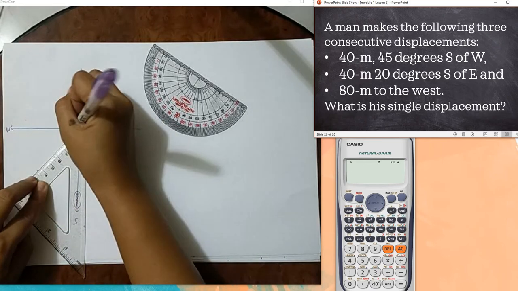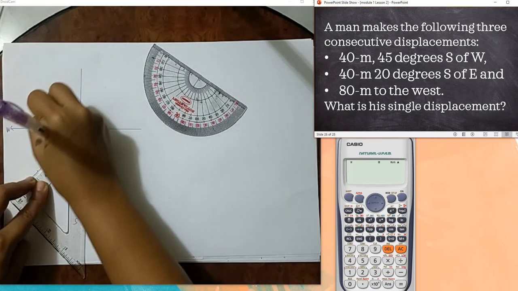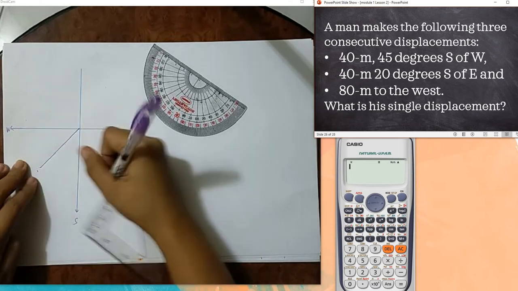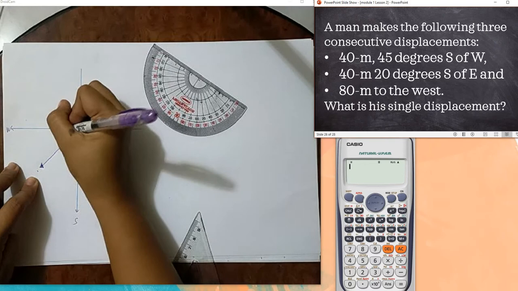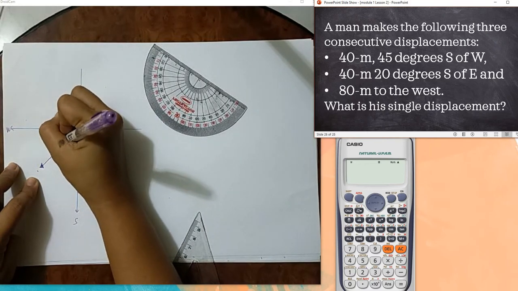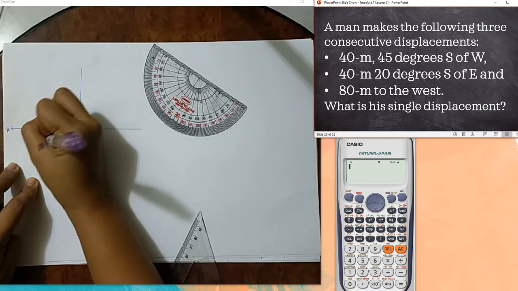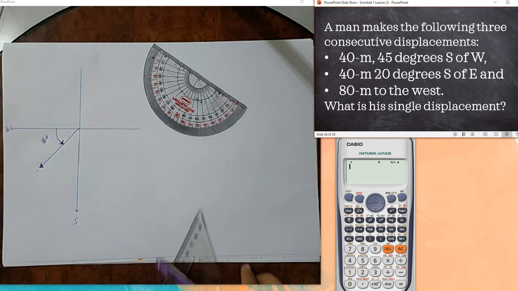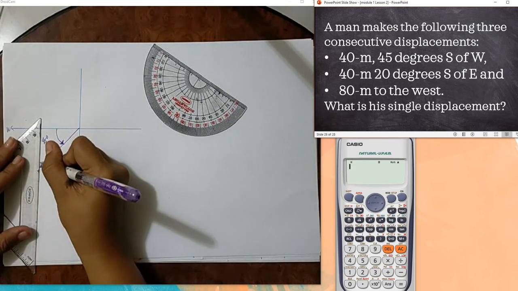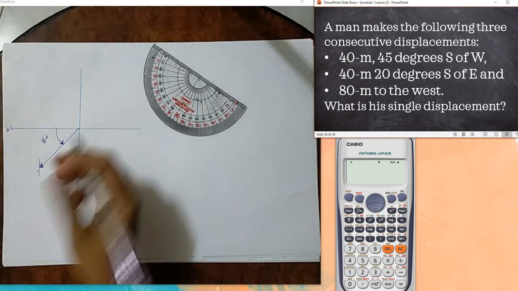It's right over here. There. This is 45 degrees south of west. Okay? Let us use the head to tail method and plot our second vector.